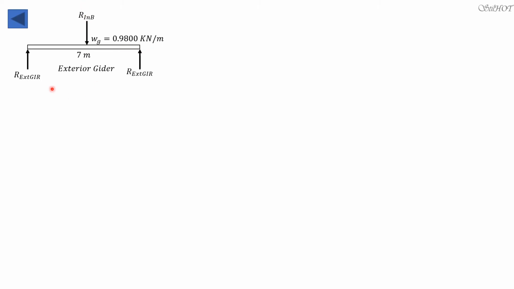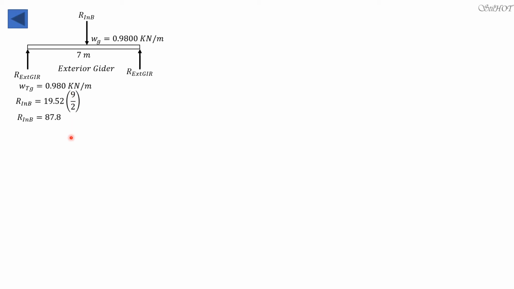R interior beam is W of the interior beam times length of the interior beam, which is 9 divided by 2, or in other words, WL over 2. So the uniform weight of the external girder would be the weight of the girder itself, and the R interior beam is W of the interior beam, which is computed in the preceding slide, 19.52 times L over 2.